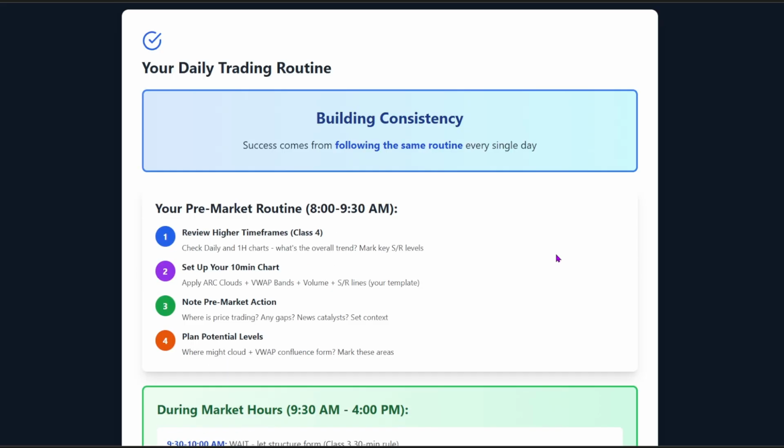For your daily trading routine, guys, building consistency. Success comes from following the same routine every single day. We're going to be coming out with a checklist that you guys can check every single morning, right before you get into a trade, to be able to rate whether a trade is an A+ setup, B+, C+, so on and so forth. The more confluences that you have lining up together, the more confident a trade it's going to help you form.